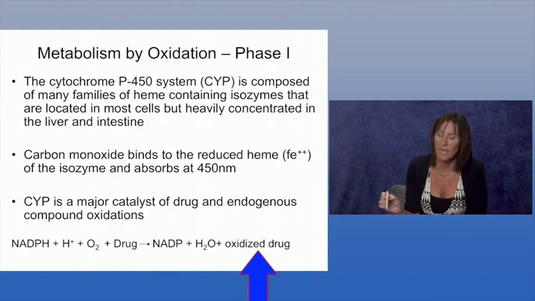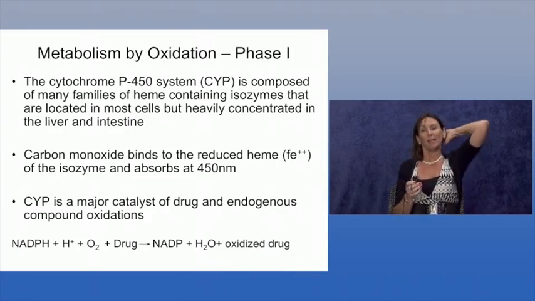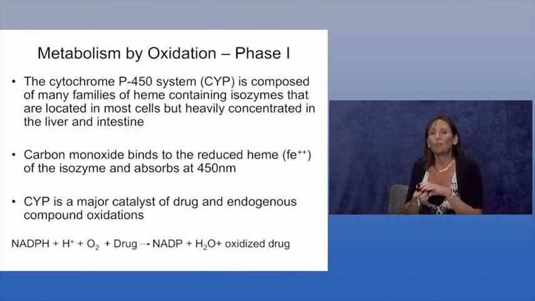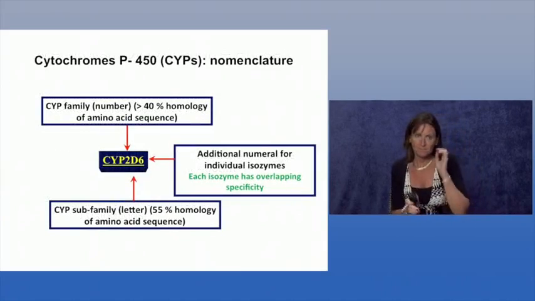And it is this oxidized drug that is inherently more polar, dissolvable, and excretable, most commonly through the kidney. So that is an example of a biochemical pathway to help explain the functionality of the cytochrome P450 system.